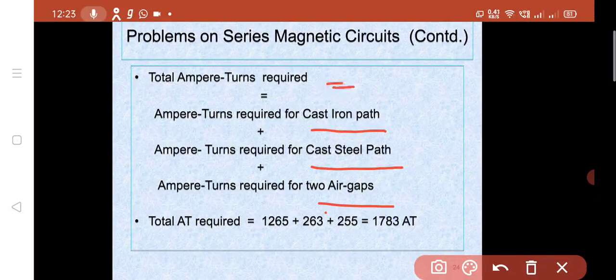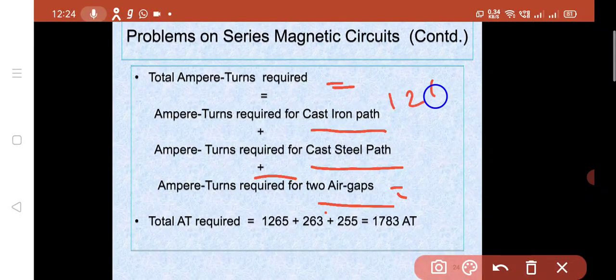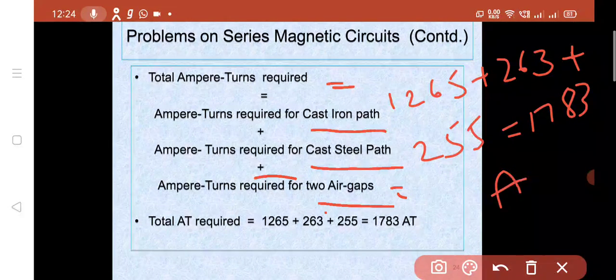That is 1265 plus 263 plus 255, which is equal to 1783 ampere turns required.